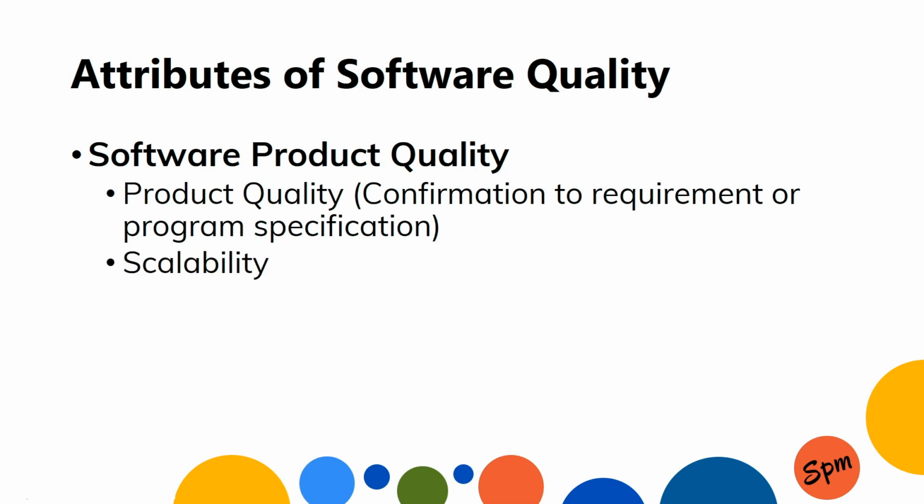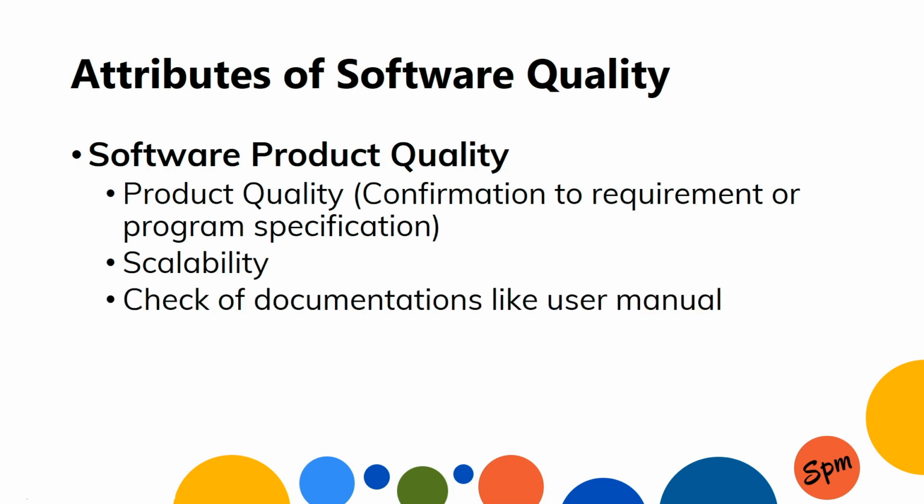The second parameter is scalability. It means we should develop a system in such a way that if we want to scale the system, for example, add some functionalities or change some functionality, it should not be too difficult to do so. The third parameter is documentation. All the documentation we produce, like the user manual, program guide, etc., should be easy enough and should be useful if someone gets stuck at any point.